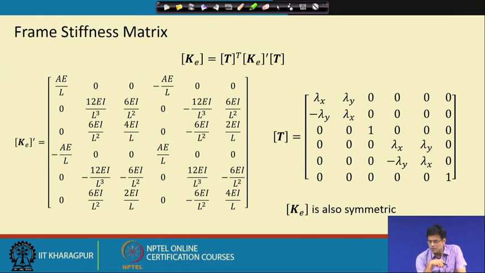Now, you can verify that this stiffness matrix is also symmetric, and also that if you take the determinant of this stiffness matrix, it comes to 0.